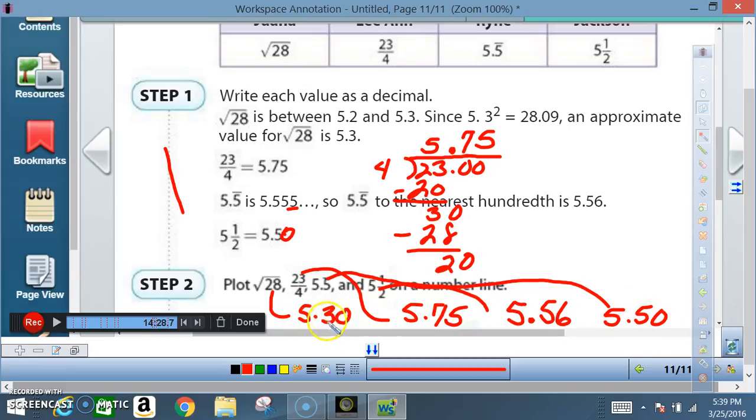The 0.30 will be the smallest, followed by 0.50, followed by 0.56, followed by 0.75. Once again, 30, 50, 56, 75. And now you should be able to easily put them in order from least to greatest.